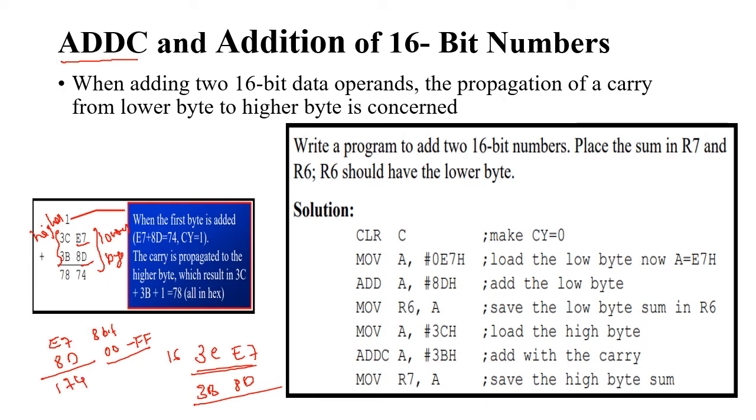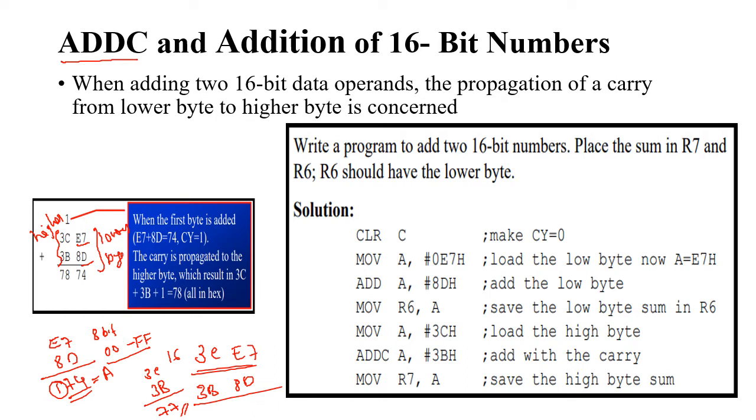The 1 is a carry and 74 will be present in the accumulator. Now when you add the higher bytes, that is 3C and 3B, independently, the result you get is 77.